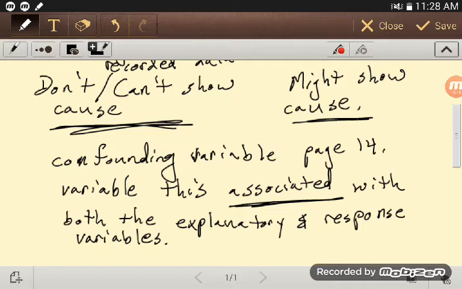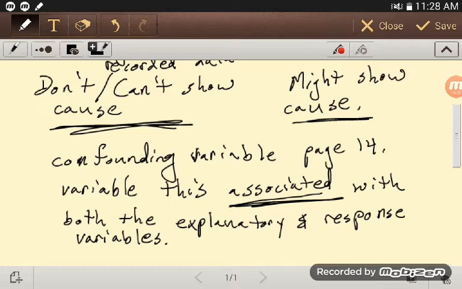Now, in that sense, I also disagree with, they should say it's associated, not say correlated. Now, it could be correlated, but again, that is a technical term. They should be saying associated with.